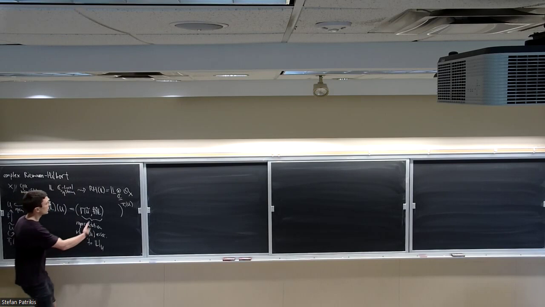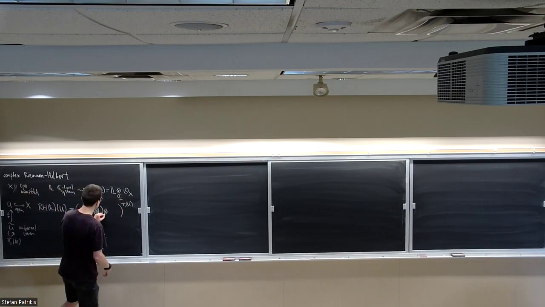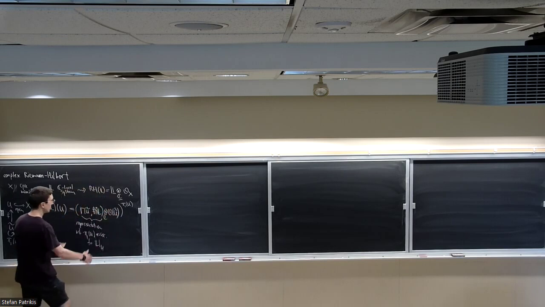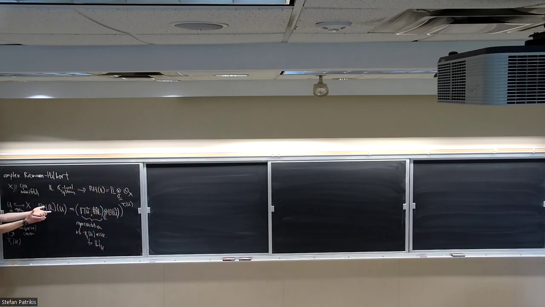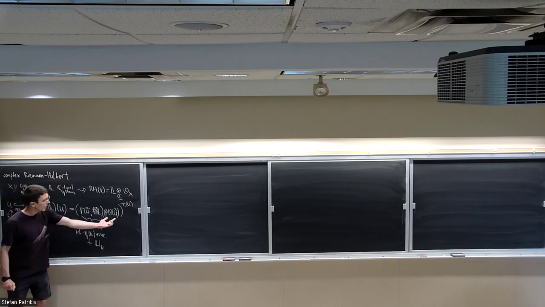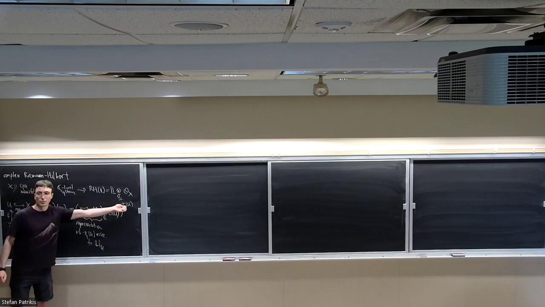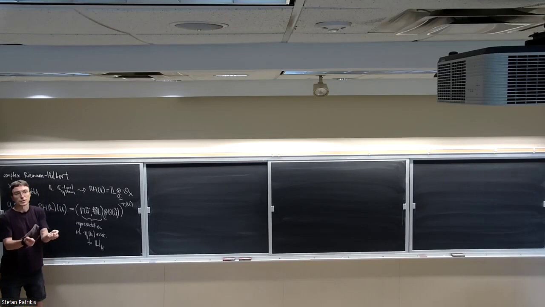All right, but then I tensor it with functions and I take global sections. So I'm just going to tensor this over the complex numbers with functions on the universal cover. And what's inside the parentheses would be global sections of this tensor product of sheaves on U tilde. And then I take invariants to get sections on U. All right. So the structure of the answer is that I have my representation of the fundamental group. I tensor it with some large ring on which the fundamental group also acts, and then I take invariants in the tensor product.